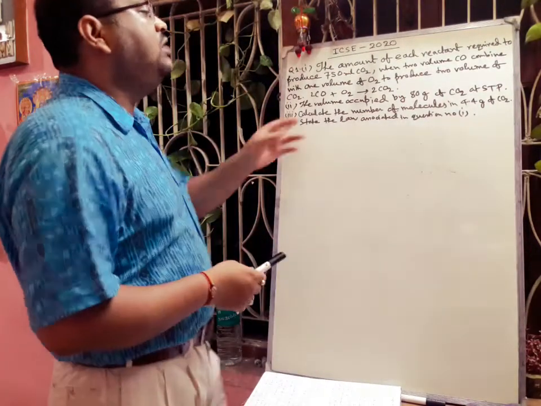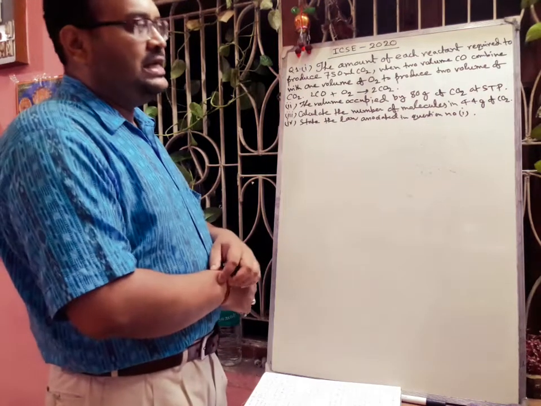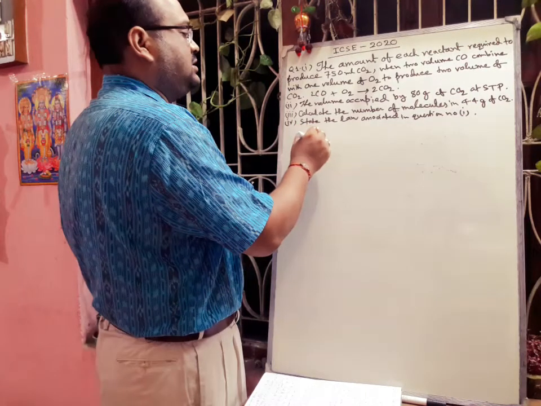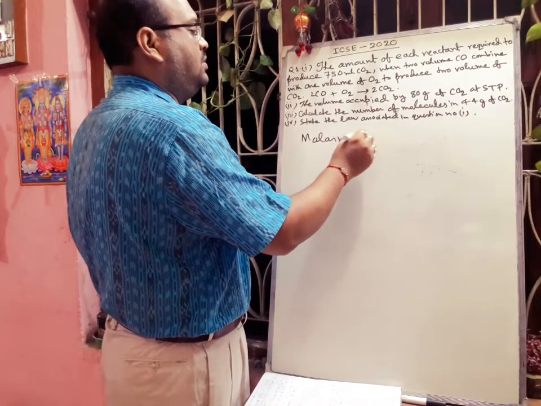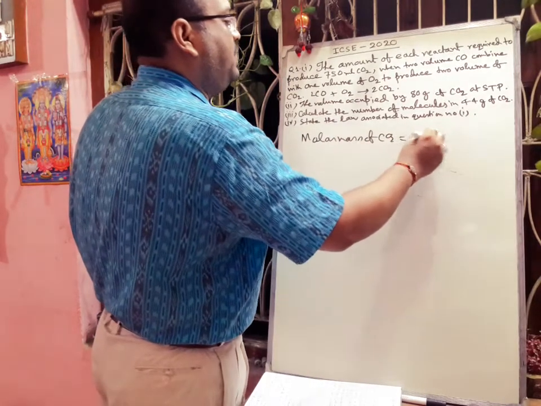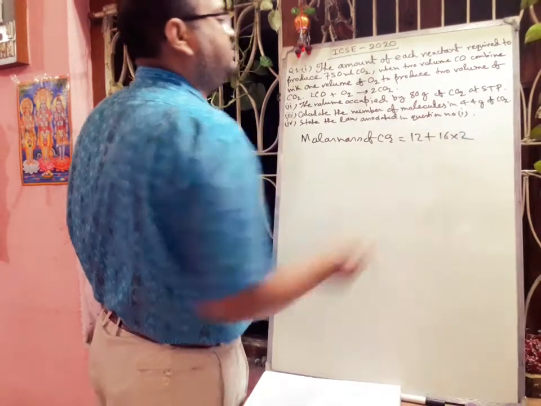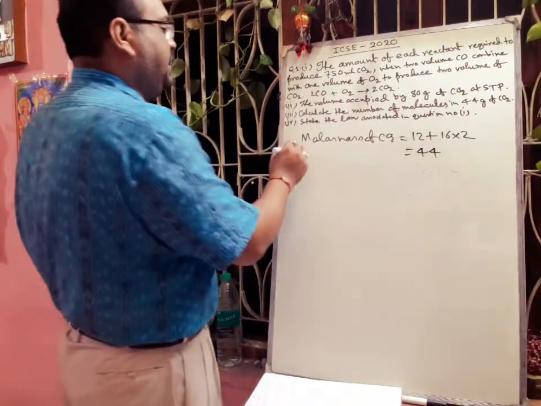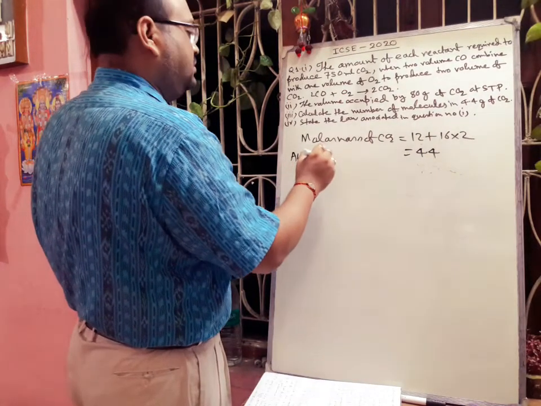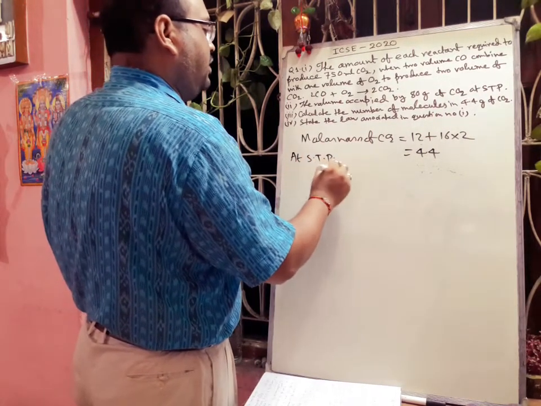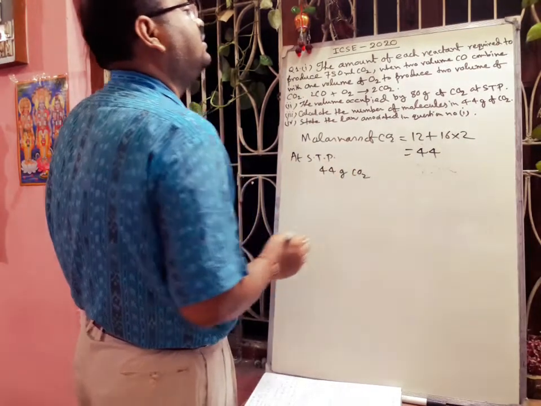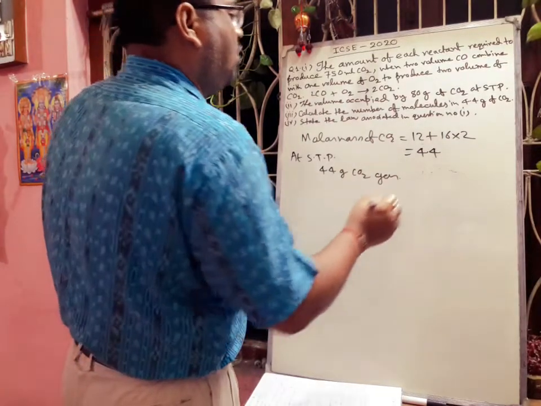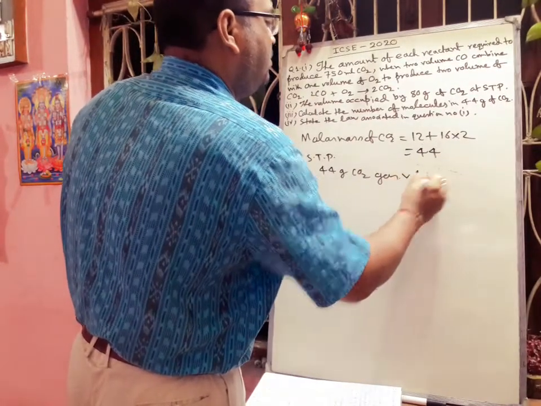The next question: find the volume occupied by 80 gram of carbon dioxide at STP. First you have to find the molar mass of CO2. That is 12 plus 16 into 2, that means 44. So at STP, 44 gram of carbon dioxide gas occupies what volume?